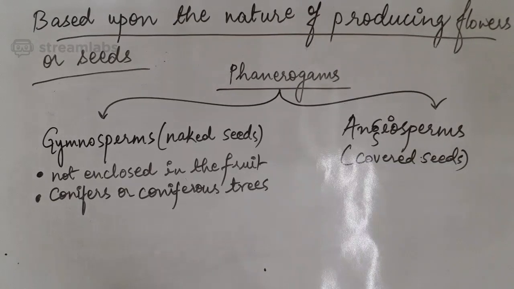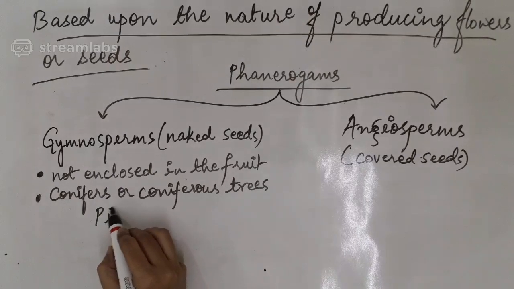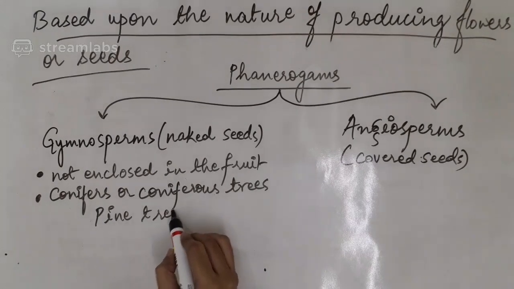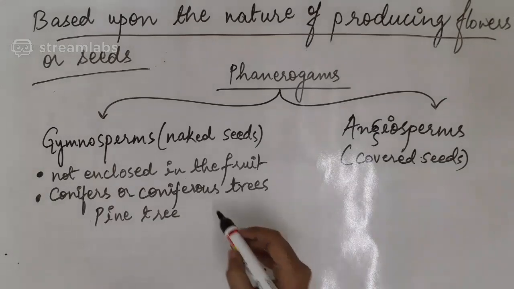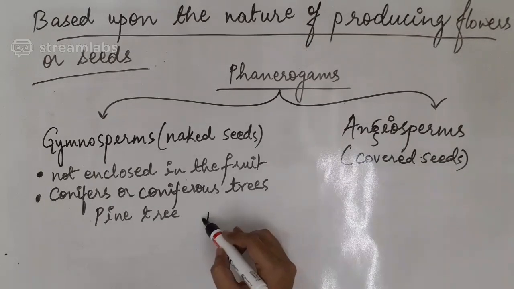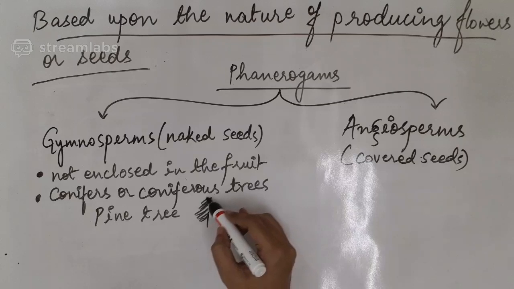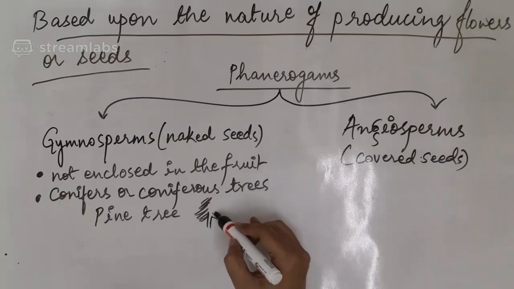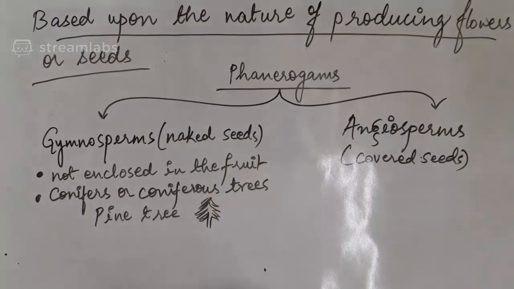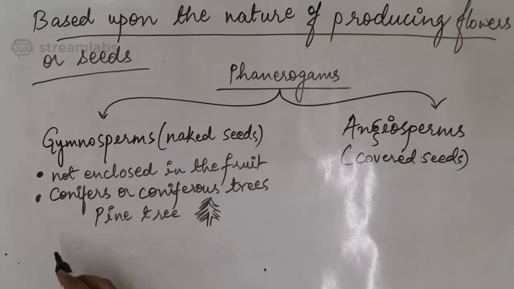Okay, coniferous trees, example आप समझ लो, जैसे पाइन ट्री। पाइन ट्री आप जानते हो, जो कि ऐसा होता है। These are very long. Okay, example है जिम्नोस्पर्म का, ये डायग्राम से आप समझ जाओ। Next, they grow on mountains, very high heights.